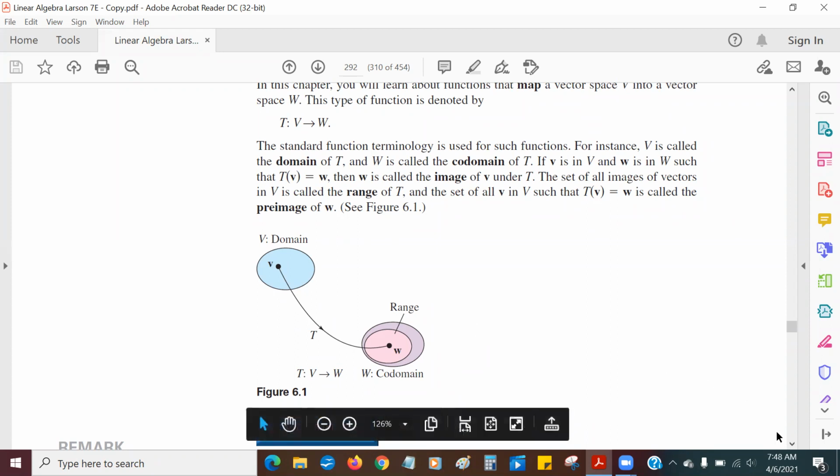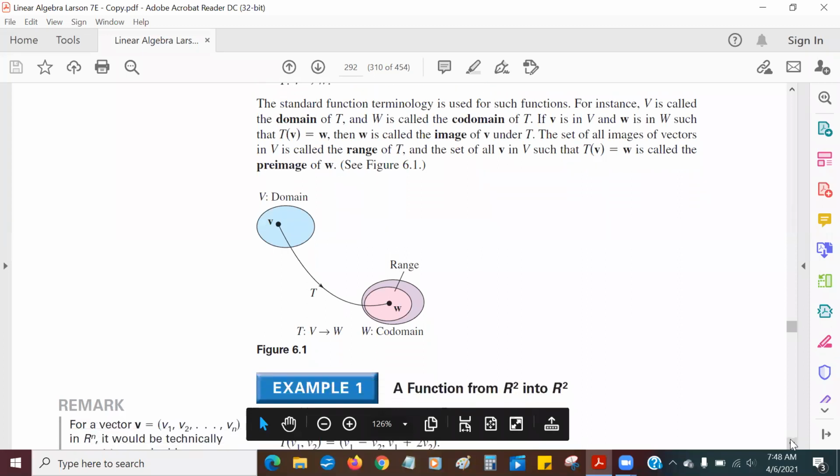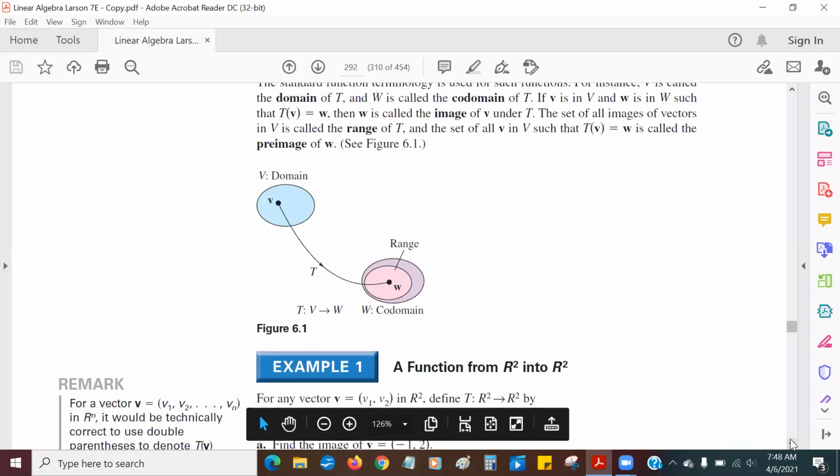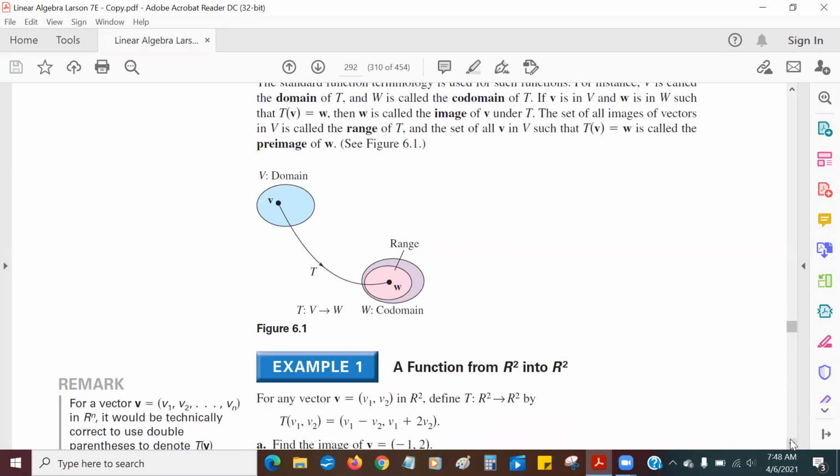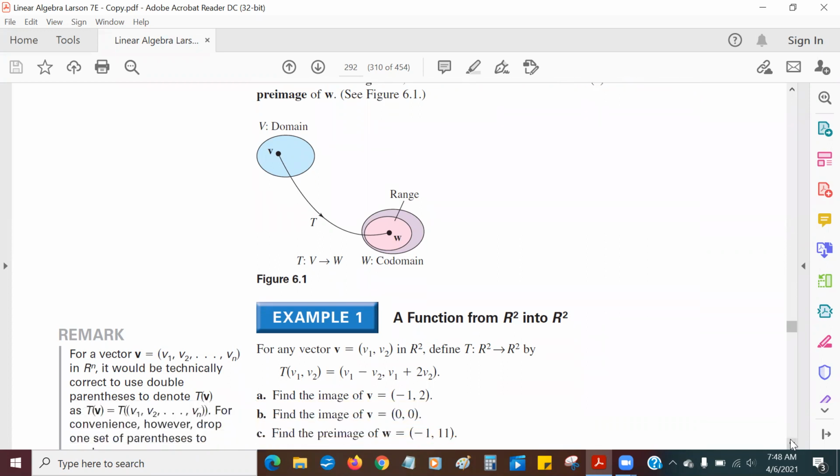And let's look at an example of a function that goes. By the way, this is a transformation. As far as linear transformation, we're going to define that, but right now we're just looking at transformations, and we don't know yet or care yet about linear. So here we have example one.